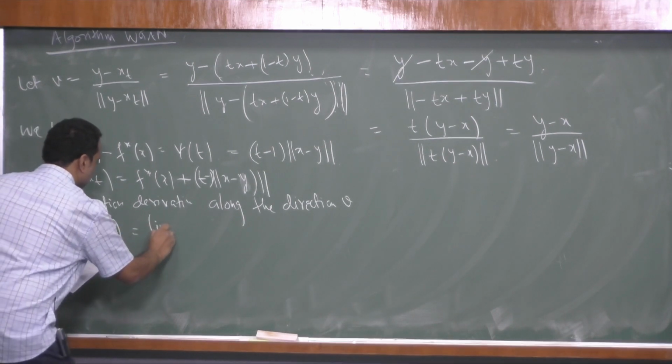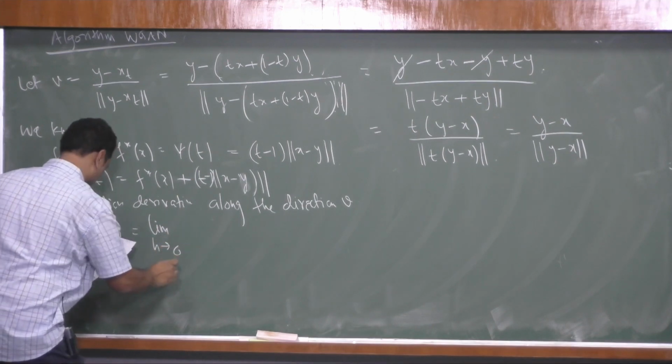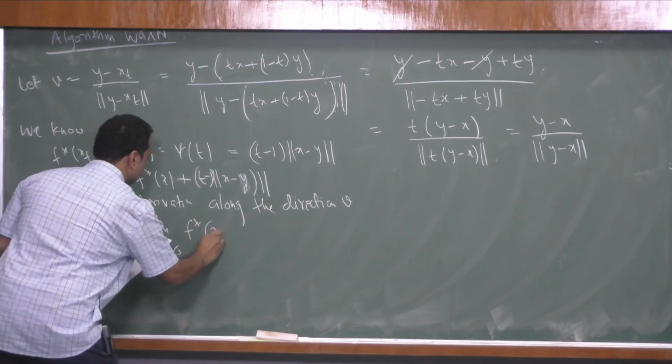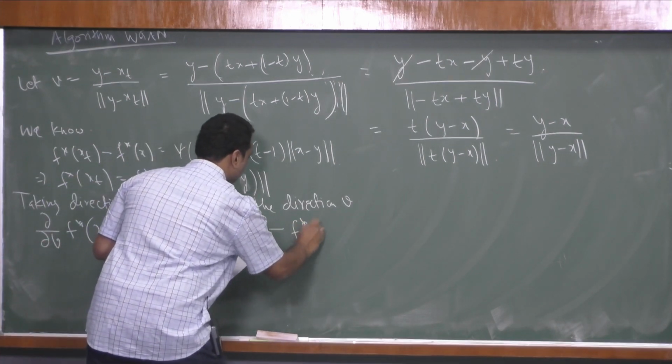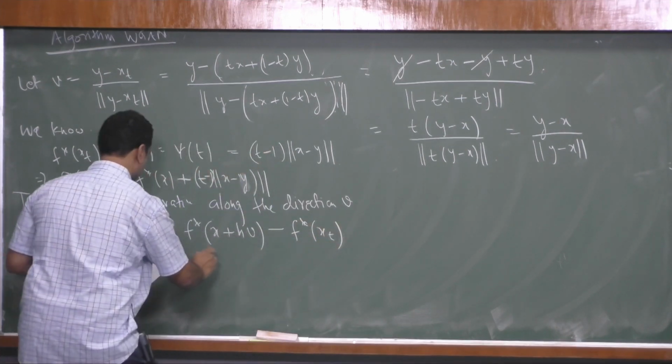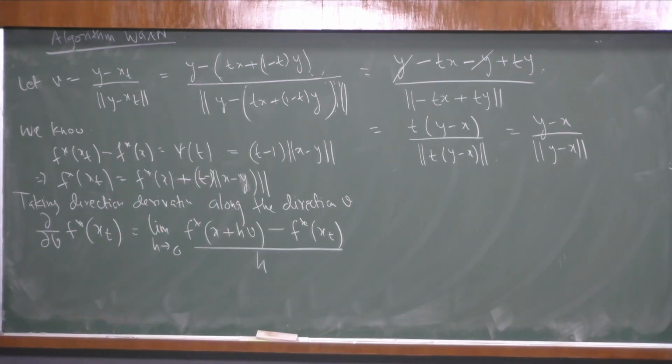This is limit h tends to 0 of f star xt plus hv minus f star xt divided by h. So we are trying to see what is the directional derivative of f, because this will give me grad f star dot v. That's how it will be defined.